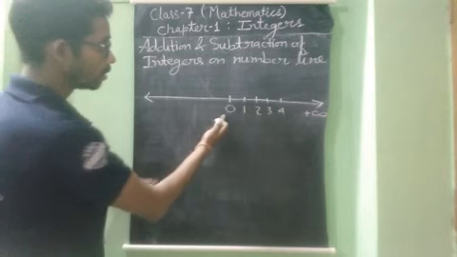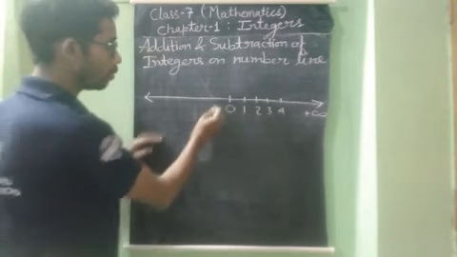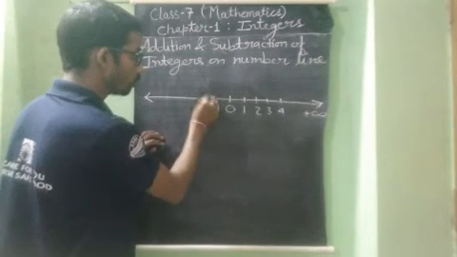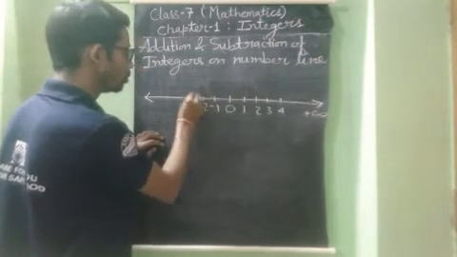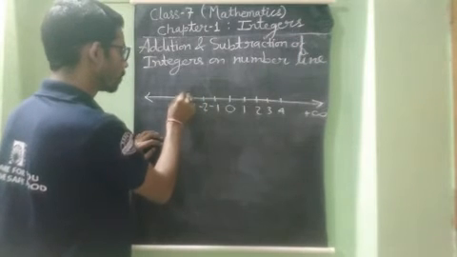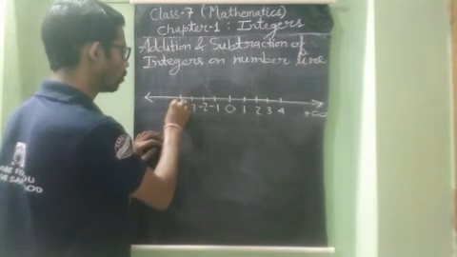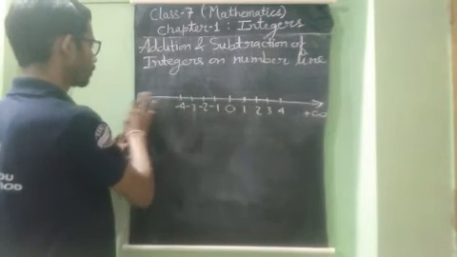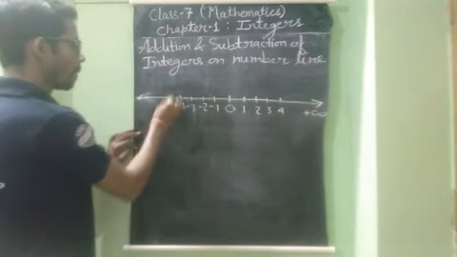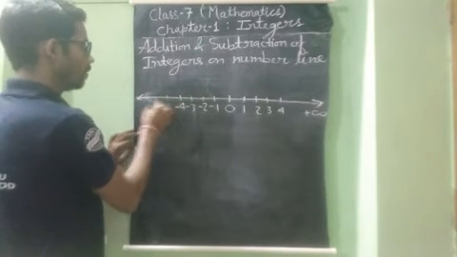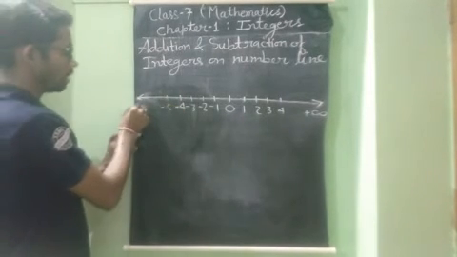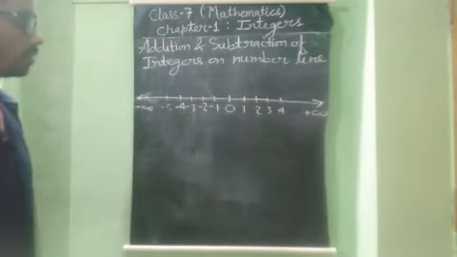And on left side of 0, we plot -1, -2, -3, -4, -5, and so on. At last, minus infinite.